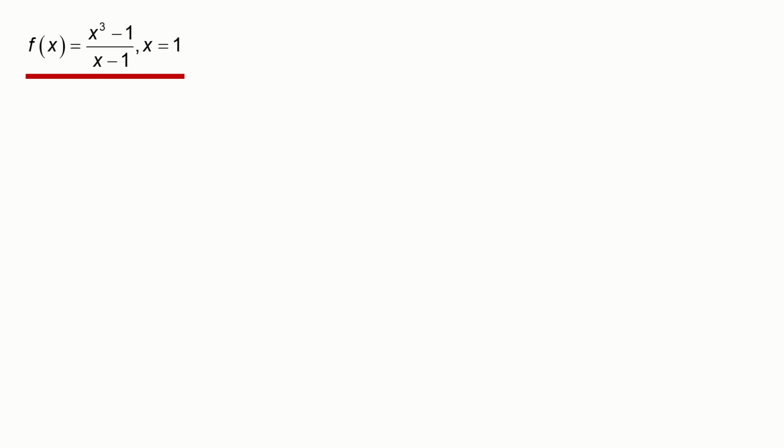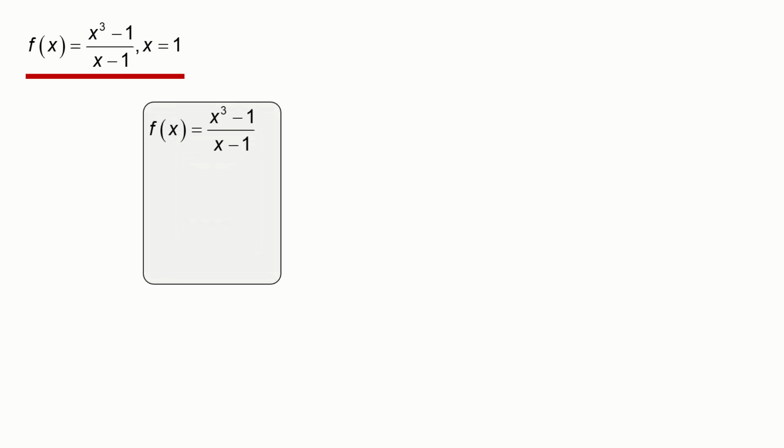Given the function f of x equals the quotient of the difference of x cubed and 1, and the difference of x and 1. Let's observe the value of the function when it is evaluated at x equal to 1. Substitute 1 and we have f of 1 equals 1 cubed minus 1 over 1 minus 1.